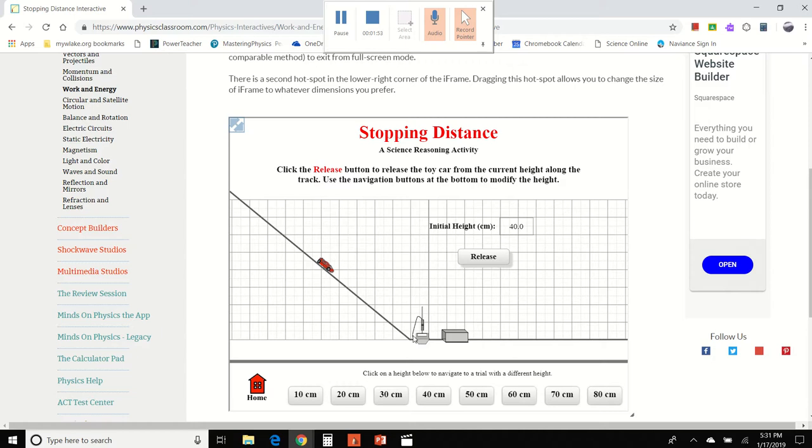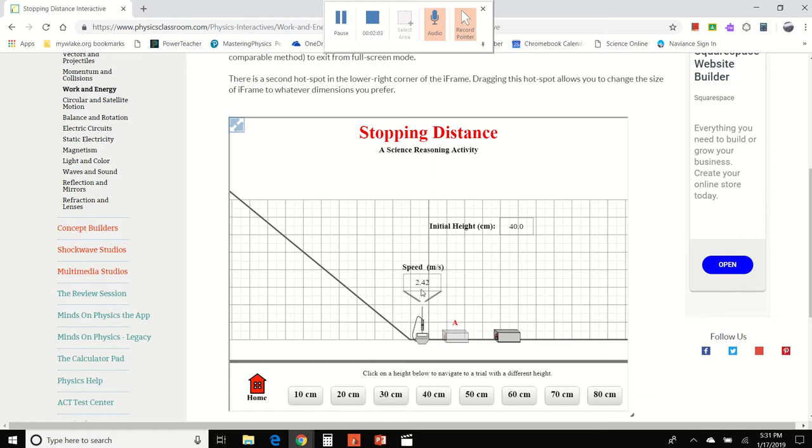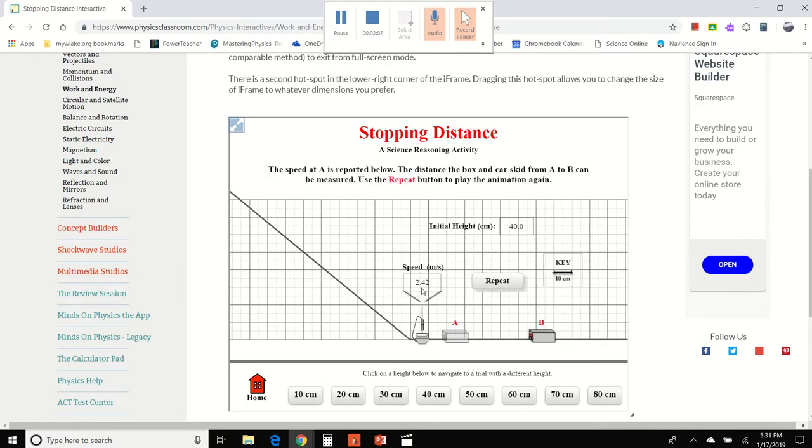And it moves through the photo gate, and when it does that, a speed will come up here. So we can hit release, it's going to fall, move through this motion sensor, so it tells you what the speed was right there, and you then get to see how much distance the object moves.